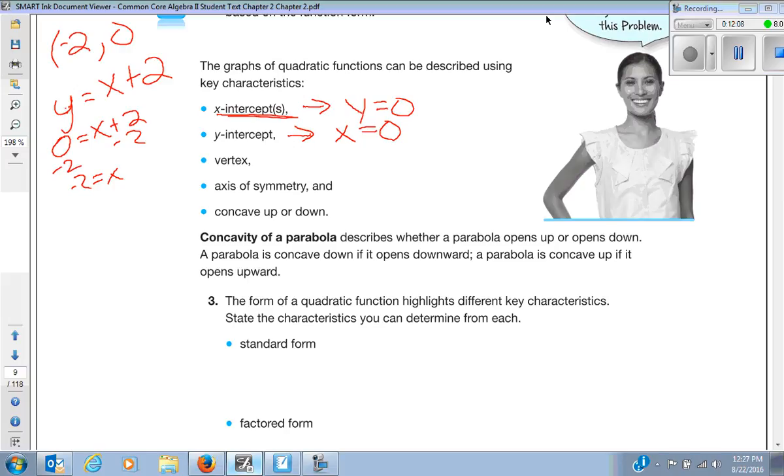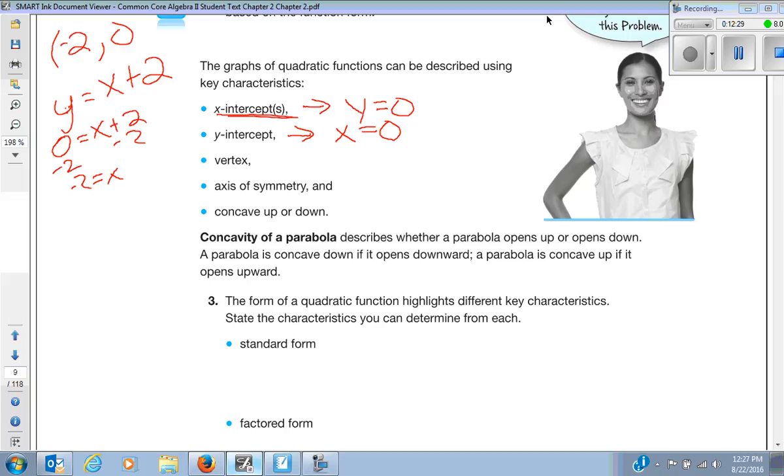Whenever someone gives you an x value or a y value, how can you find the other one? By plugging in whatever that is, because it's not always going to be 0. Like, if I say x is 1, how can you find the y value for that? Plug in 1, and 1 plus 2 is 3.